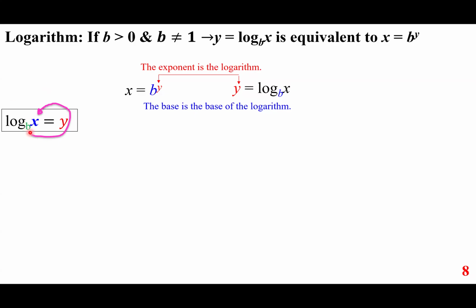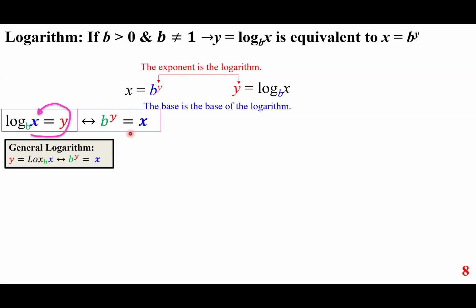If you follow the arrow, b to the power of y equals x, and if we can go from logarithmic format to exponential format and vice versa, basically we're done. Because the idea is to be able to go from one format to the next. Easy. So a general law: y equals log x base b means b to the power of y equals x.